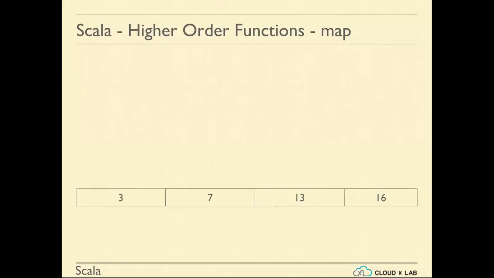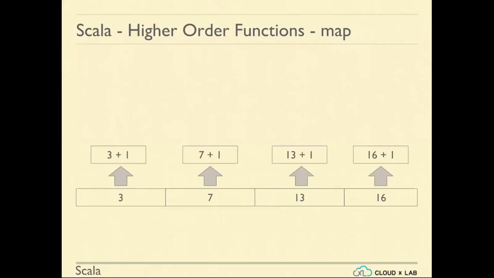Say for example, we have this list having 3, 7, 13, and 16, and we want to increase all of these by one. One way is that we could do the for loop. The other way is by using map.